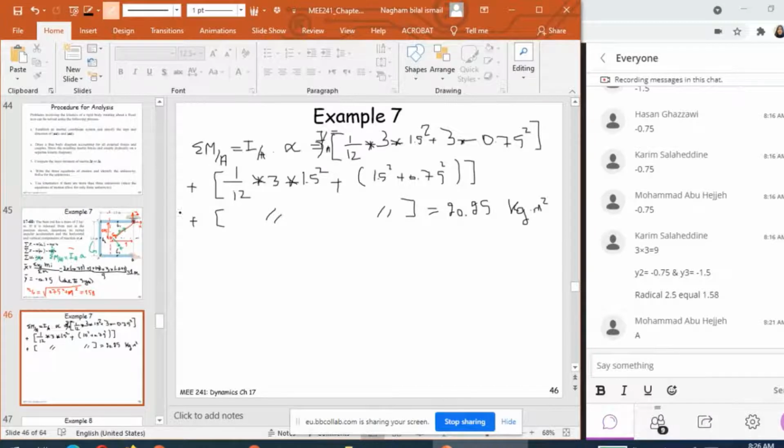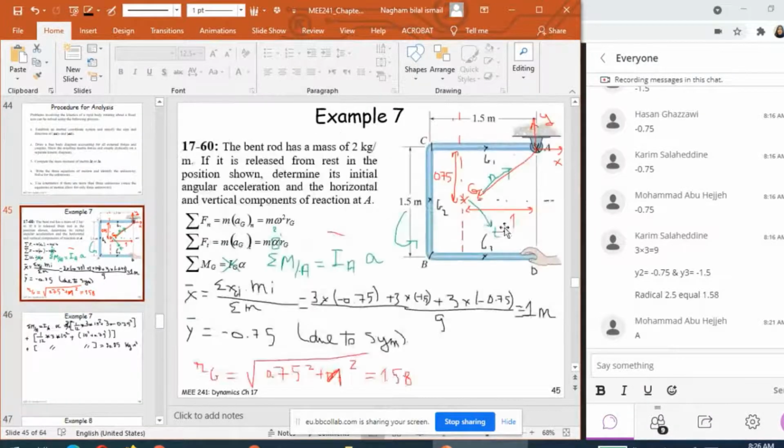Now, what is the sum of moments around A? As I said, it's only the weight. What is the distance from the weight at the center of mass and A? What is this distance, guys?